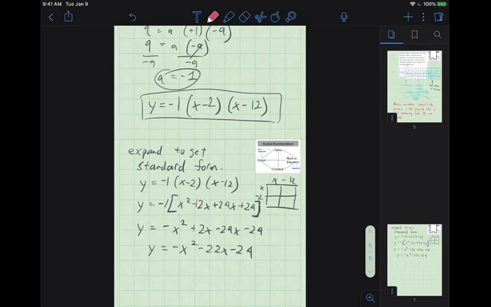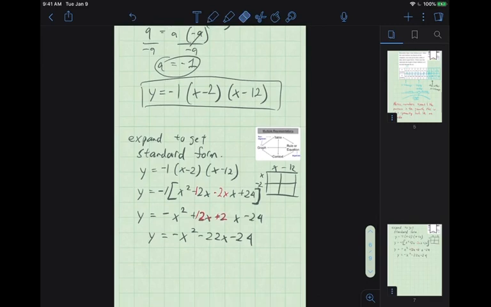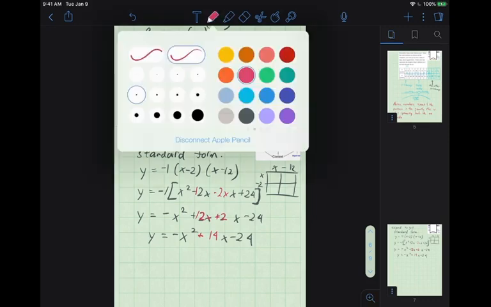This should be 2. As I clean up this problem, there we go, x plus 2. Then our final answer here is positive 14. Okay, there's standard form.